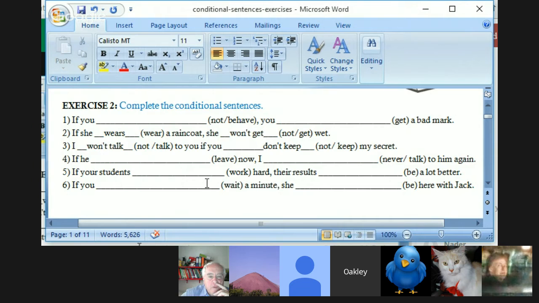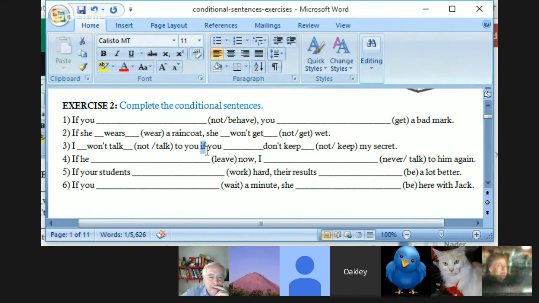Yes, which of the two is the subordinate, teacher? Is it if you don't keep the secret, or I won't talk to you? I think the first one is. If is called a subordinator. It introduces a subordinate clause.